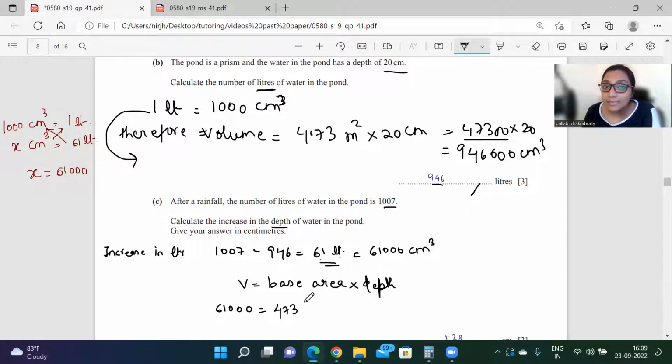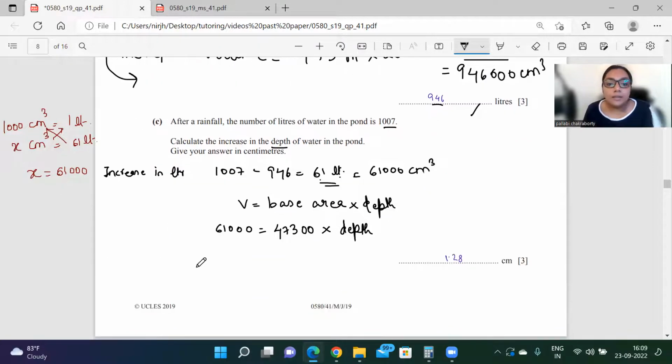Everything is in centimeter and centimeter square and centimeter cube, so that we get the depth in centimeters as well, which has been asked in the question. So this comes out to be 47300 times the depth, which we need to calculate. So our depth comes out to be 61,000 divided by 47300. This is equal to our depth, and you cancel these two.